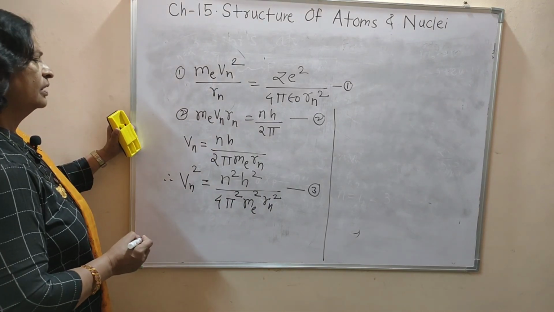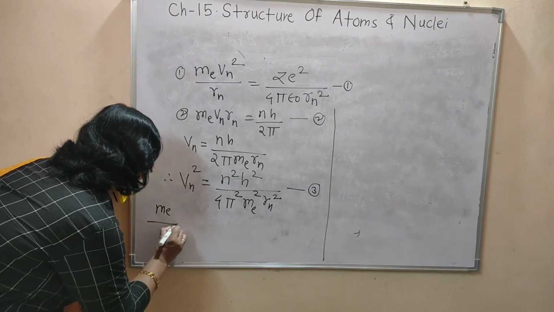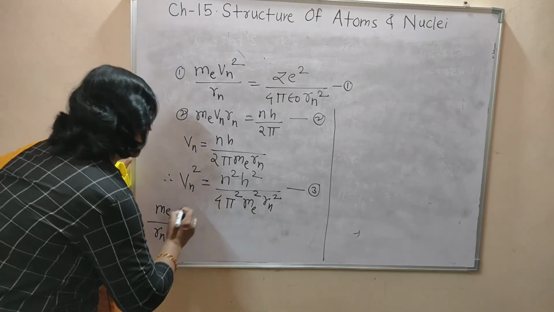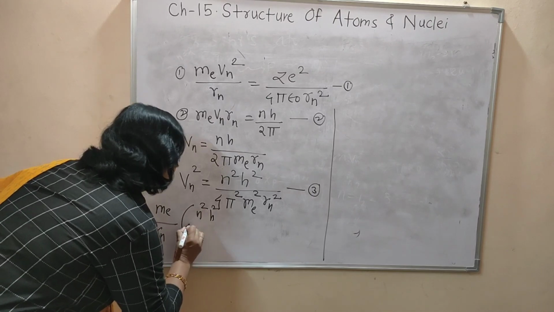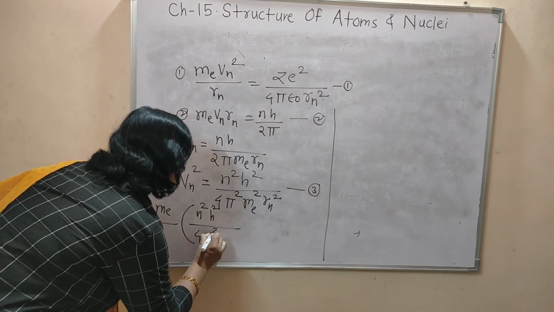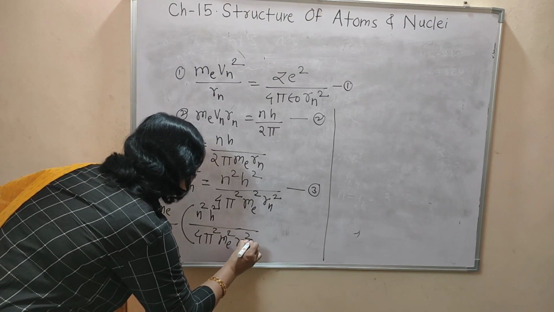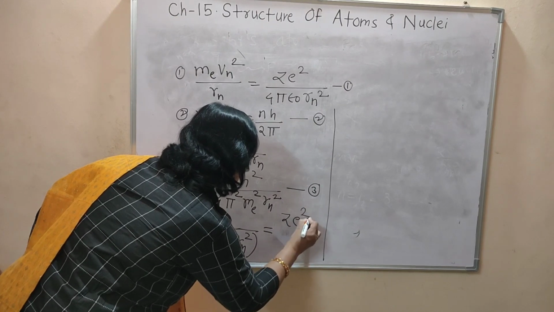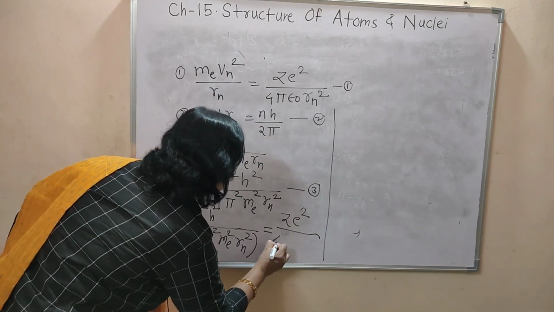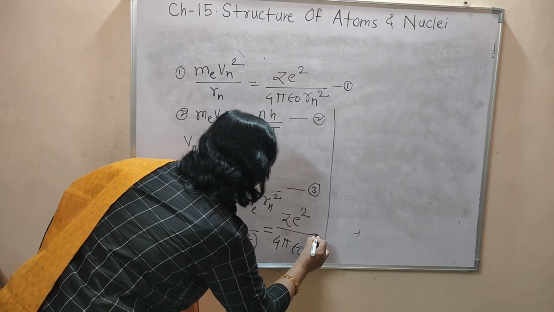We can write: me times the value of Vn square, that is n square h square by 4 pi square me square Rn square, is equal to Ze square divided by 4 pi epsilon naught Rn square.